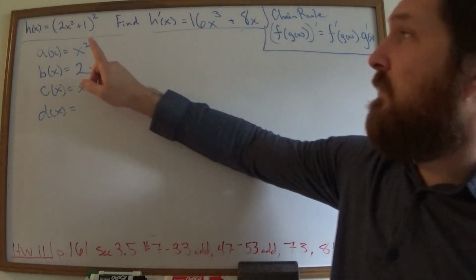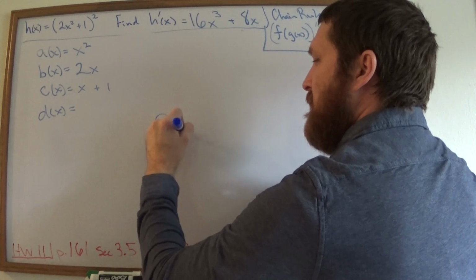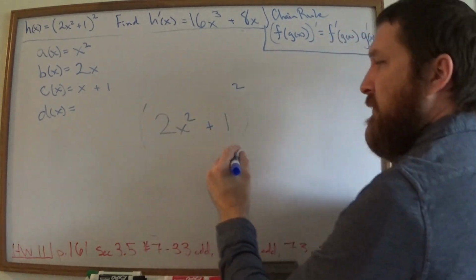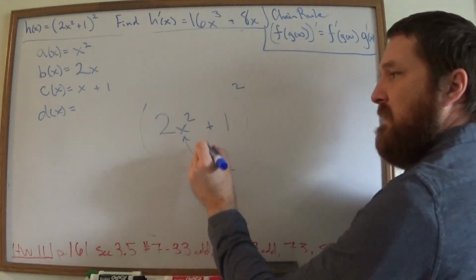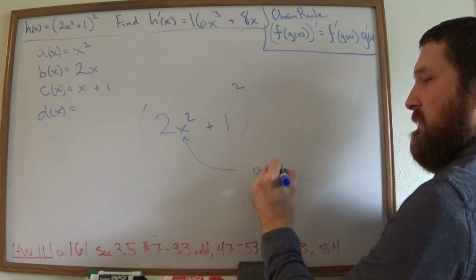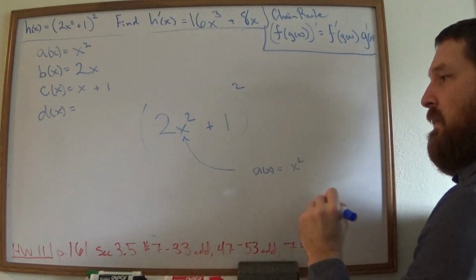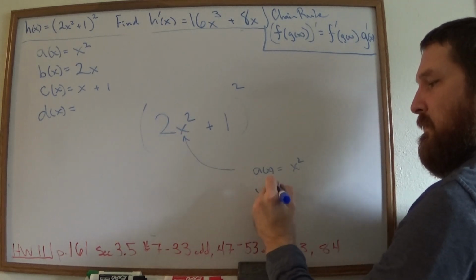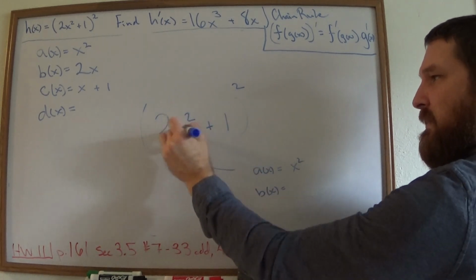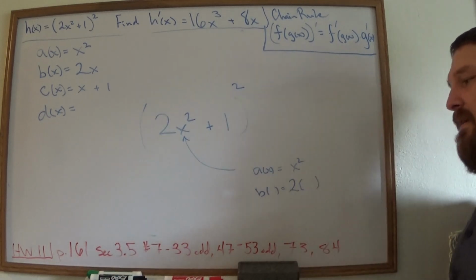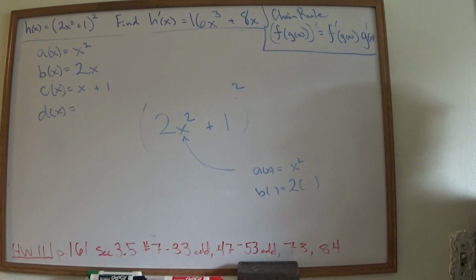Okay, so look, let's break this apart. The very first thing is a, which says take it and square it, right? So a of x is the same thing as x squared. Then b says multiply by 2. You take your a of x and multiply it by 2, right?